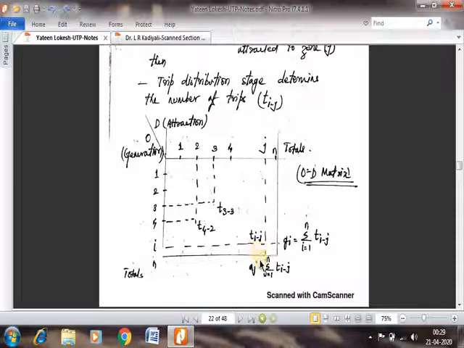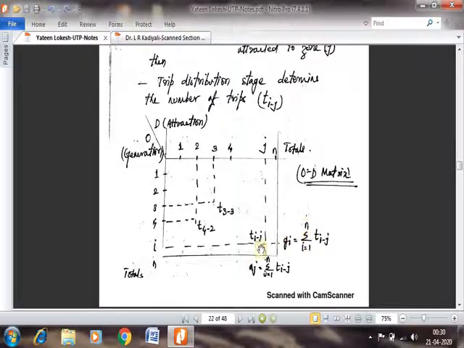Now to have a general equation that can be developed for aj and gi, if we try to generalize, the equation for aj would be equal to the summation of all the trips happening from i to j, where i ranges from 1 to n.